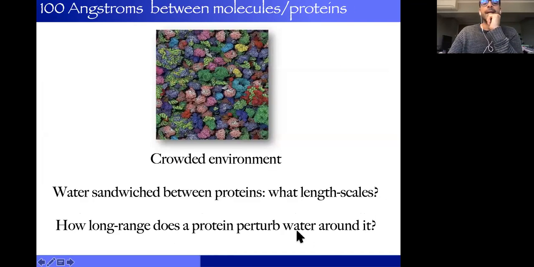This is something I already described in words, but the take-home message here is we have a very crowded environment, and there are some very interesting questions about the nature of the liquid in terms of its viscosity, the effective friction, if you start thinking about a diffusion process of the protein through the cellular environment.